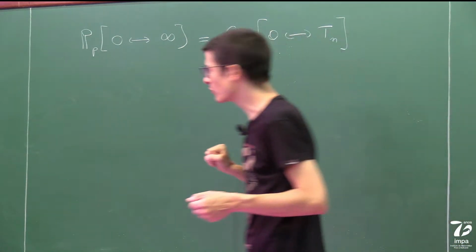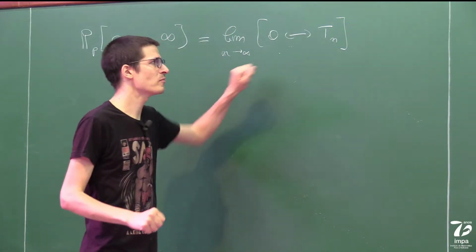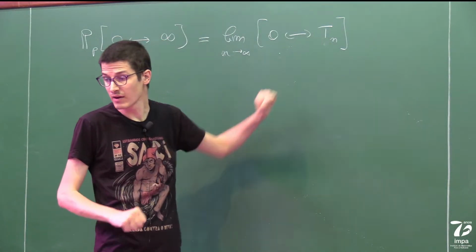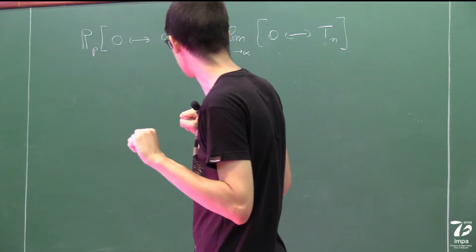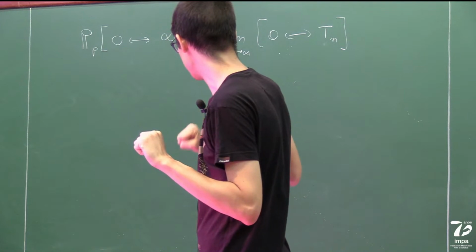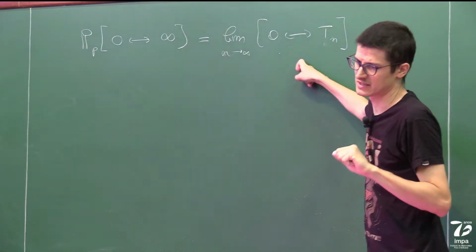And then we computed the expectation of the number of connected vertices at distance n. We computed the expectation of the square of the number of vertices at distance n.